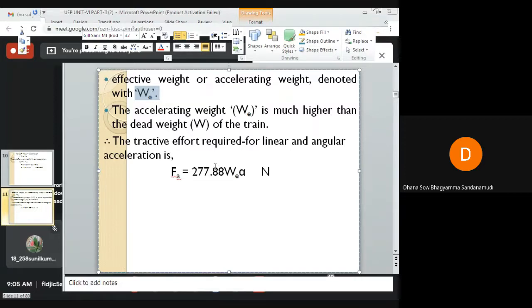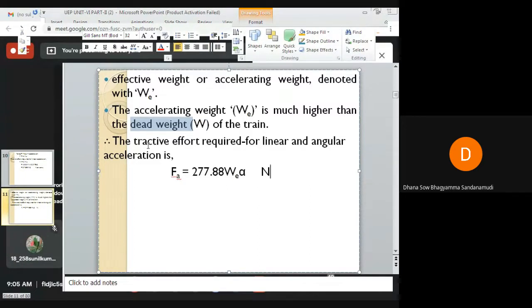Dead weight is the heaviness of an object that cannot move by itself. So the dead weight of the train, which cannot move by itself, is denoted by W.